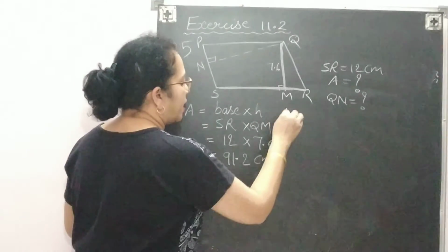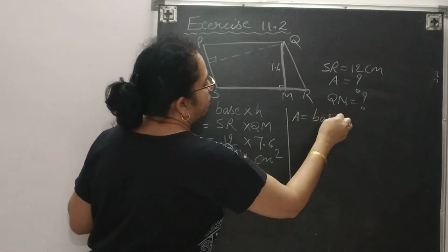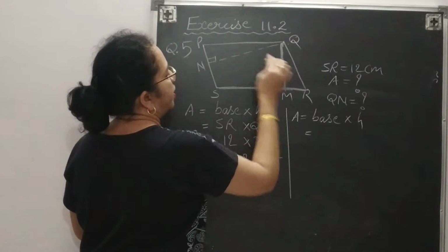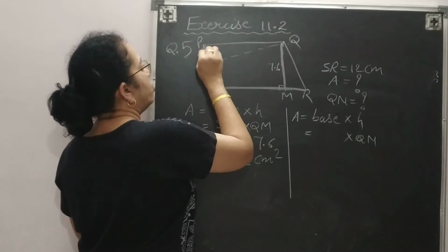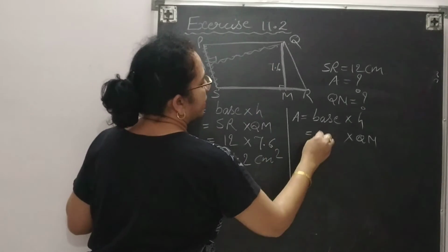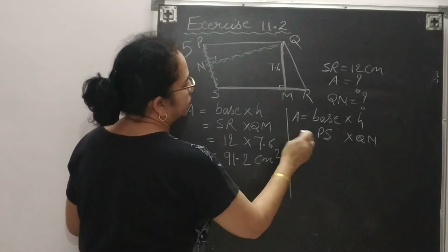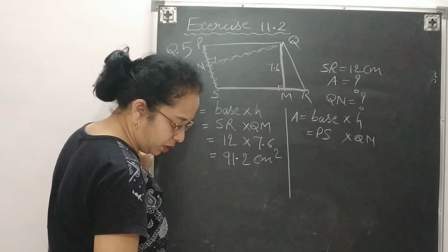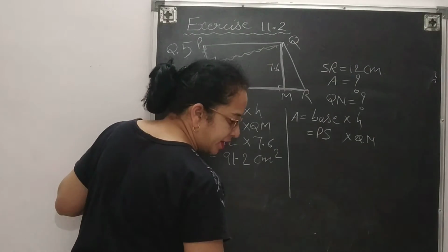Now the same area we will use for the other one. Again your formula will be base into height, but this time we will take this height because you need to find out this QN. So write down QN. For this QN, what will be the base? Your base will be PS. Let me see, is PS given or not? Yes, PS is also given, 8 centimeter.